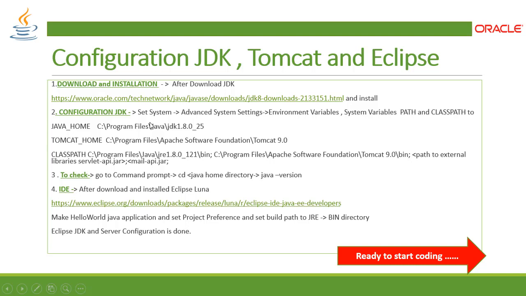For configuration, if you are on Windows, you need to go to the control panel, go to system, advanced system settings, environment variables, system variables, and set the JAVA_HOME variable. When you install, it will by default go to Program Files and install Java in this home directory.